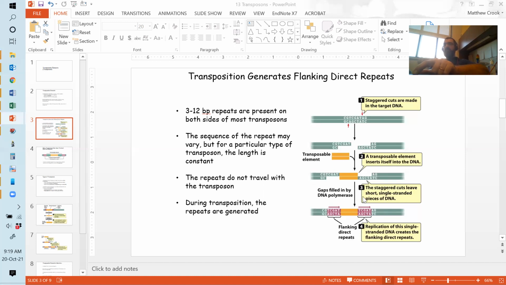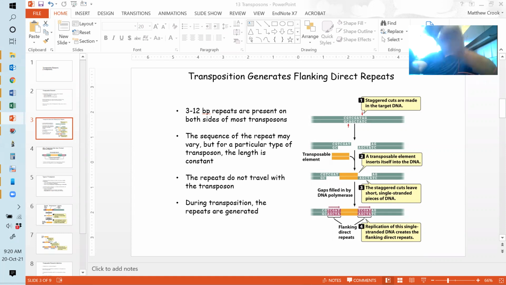And when that happens, you get these things called flanking direct repeats. So these flanking direct repeats are essentially duplicates of part of the target sequence.